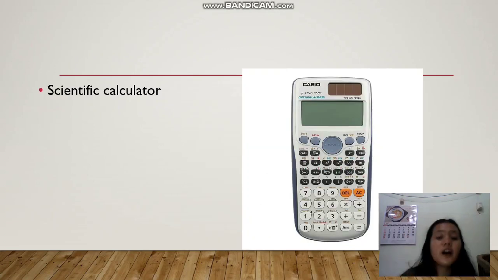2. Scientific calculator. A scientific calculator is a calculator that has more uses than an ordinary calculator. You can do rank calculation, sin, constant, exponent, logarithm, and several other calculations.